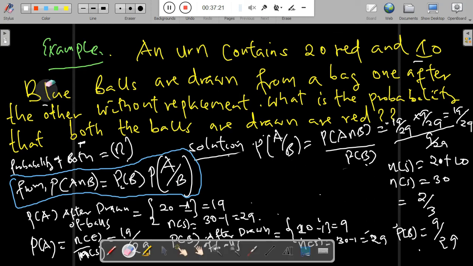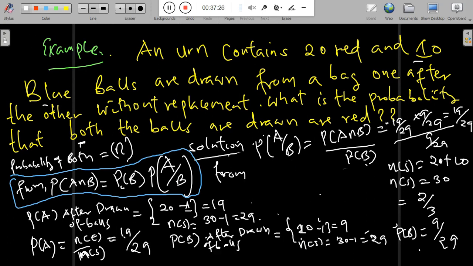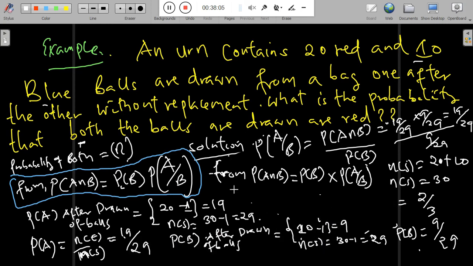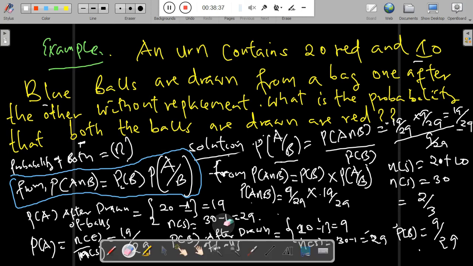So let's find now the probability of A intersection B. So the probability of A intersection B is equal to probability of B times probability of A given B. So since we have the probability of B already, we consider to take out the probability of B, that is 4 over 20. Then we times the probability of A given B, that is 19 over 29.